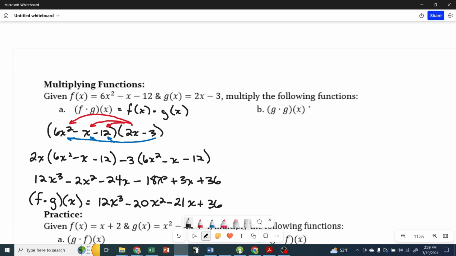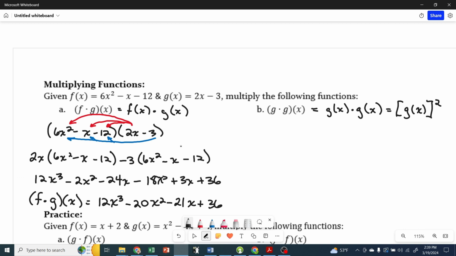Now, g times g of x, well, that's equal to g of x times g of x, which we could also write as g of x squared. All right?